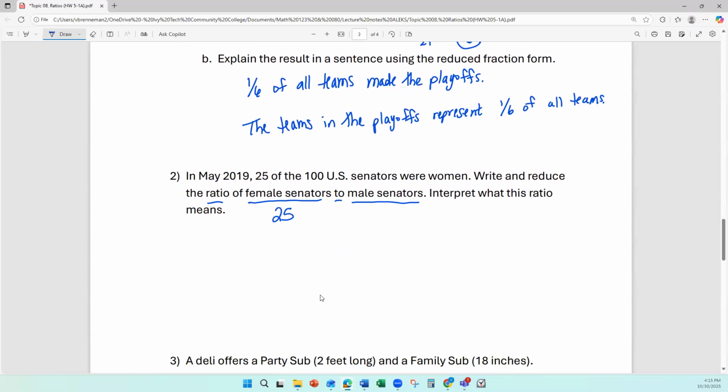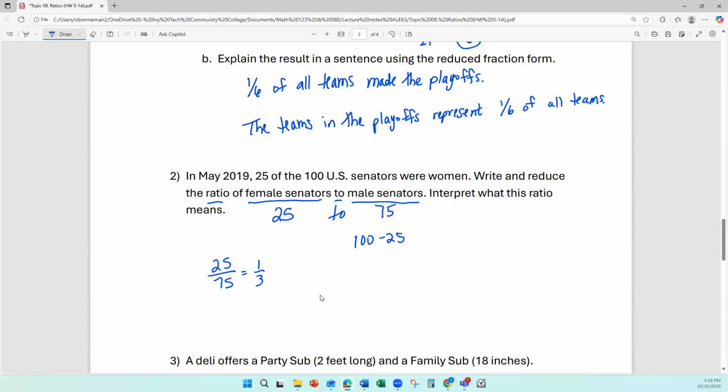And then I don't have any information about the male senators other than I know there's 100 total, 25 are women. So we have to assume the rest. So 100 minus 25 leaves 75 that are male. So 25 to 75, reducing that fraction. 25 over 75 reduces to 1/3.